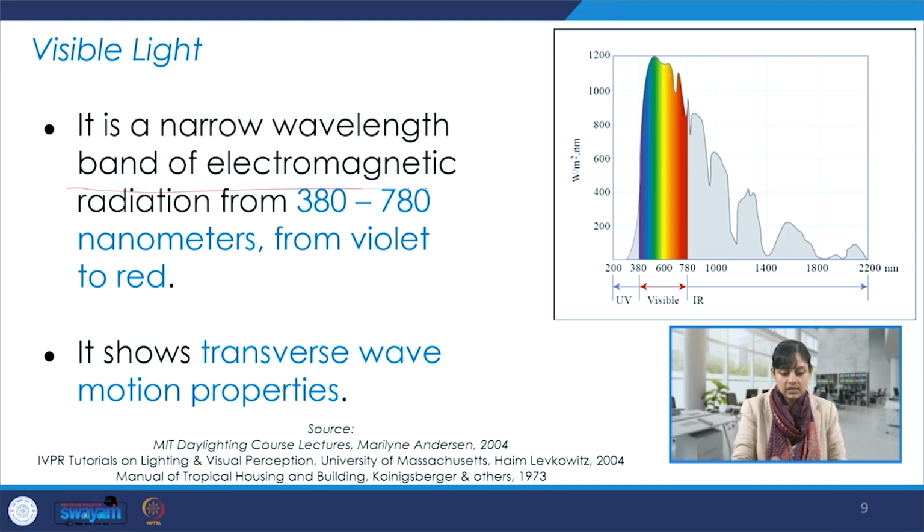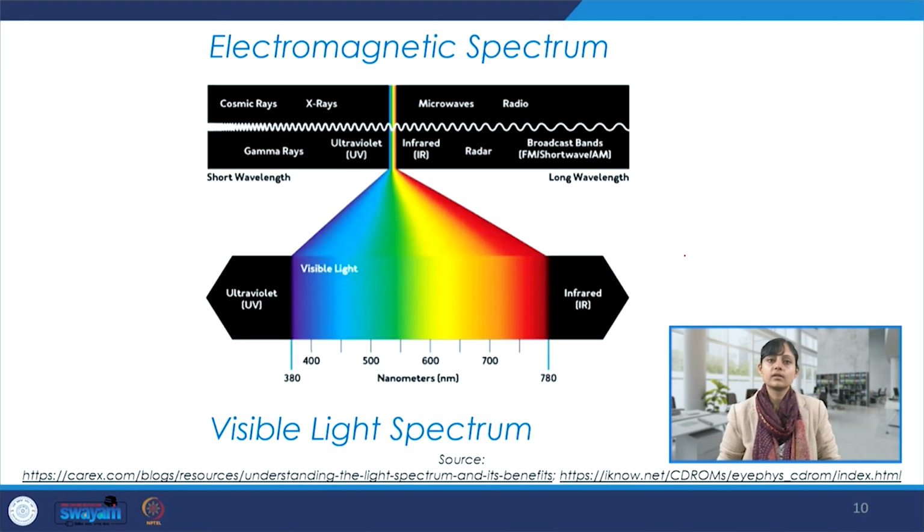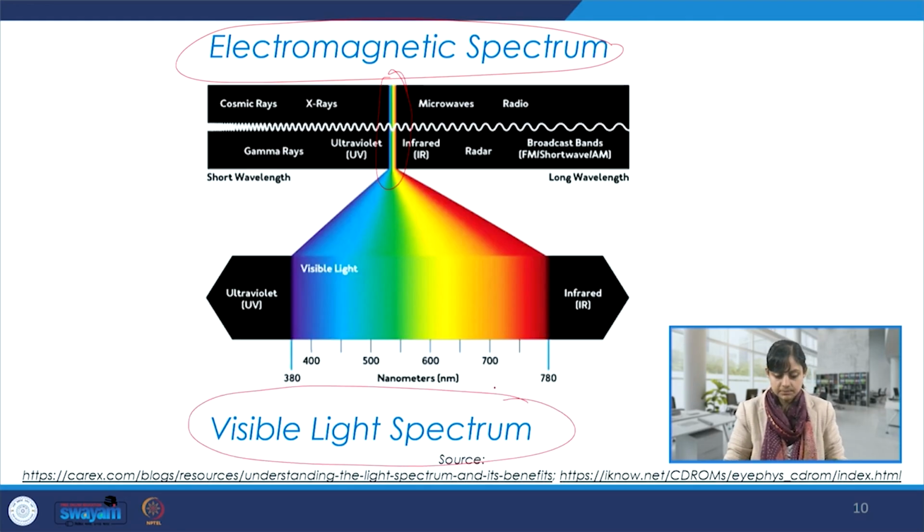Basically, light is a narrow wavelength band of electromagnetic radiation from 380 to 780 nanometers, from violet to red. So these are the colors, and this is the range for visible light. If we try to understand the electromagnetic spectrum, there is a very minuscule portion which is the visible light spectrum.